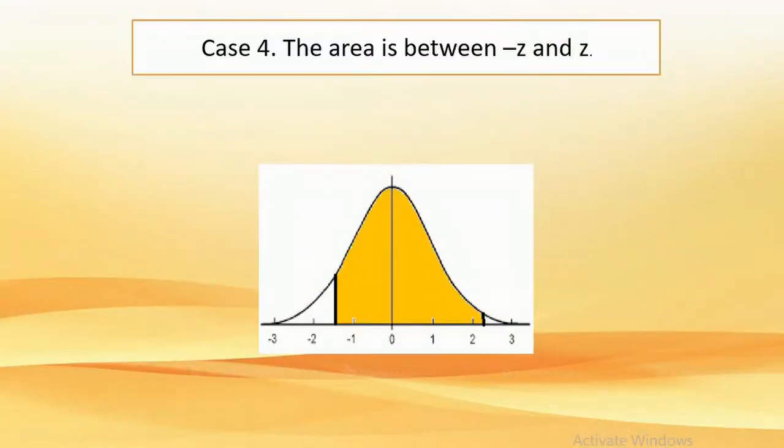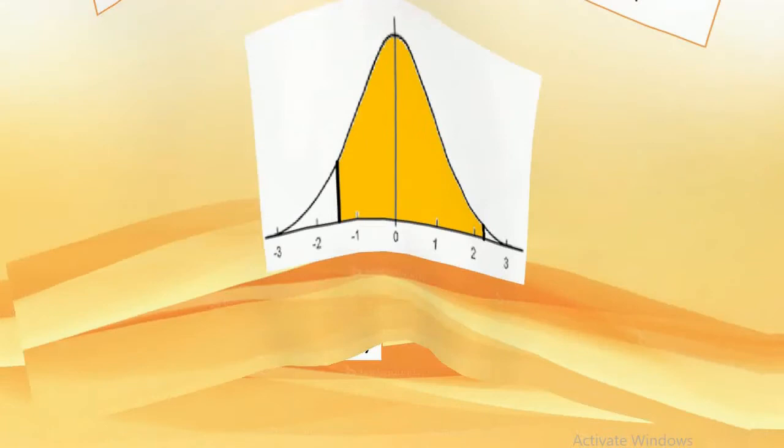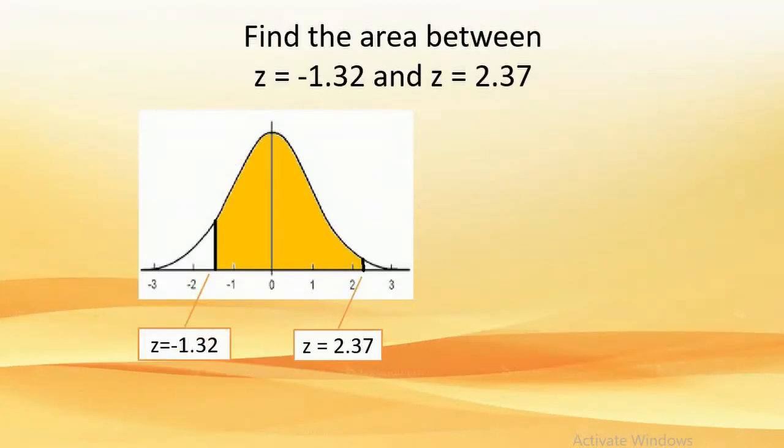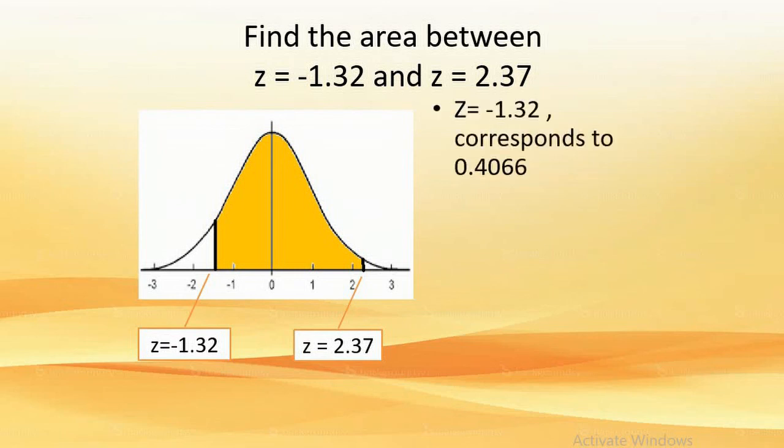Case number 4. The area is between negative Z and positive Z. Find the area between Z = -1.32 and Z = 2.37. Z = -1.32 corresponds to 0.4066. Z = 2.37 corresponds to 0.4911.